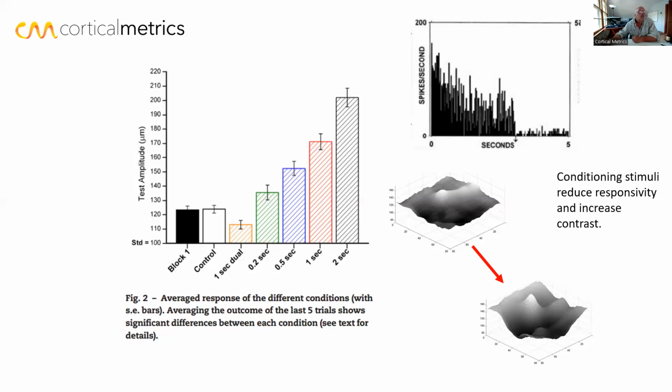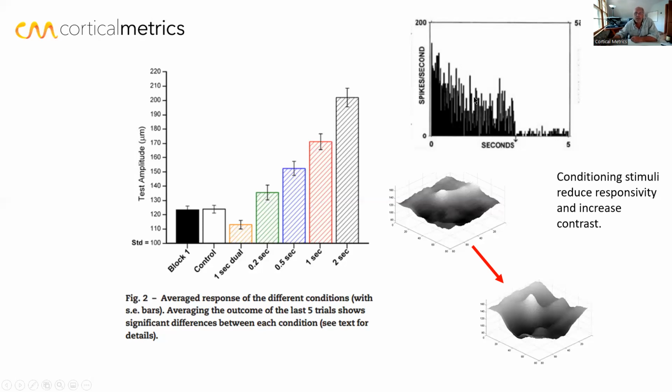But what does it do? Why does delivering stimuli to two fingers actually improve performance? Shouldn't it get bored? Well, responsivity goes down, but you actually improve performance. And the reason you improve performance is because you improve contrast.